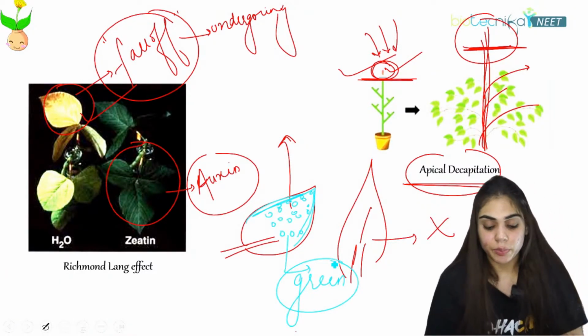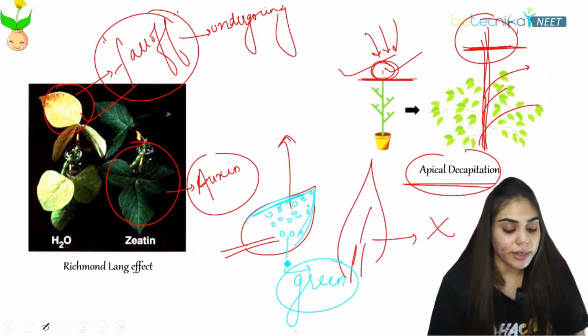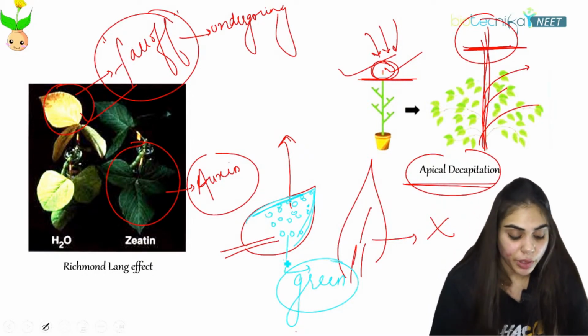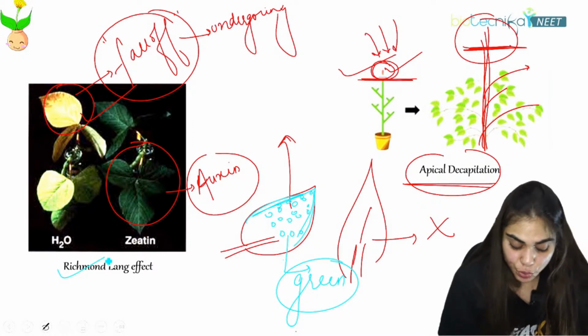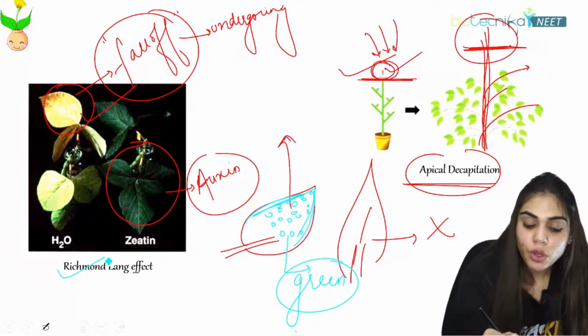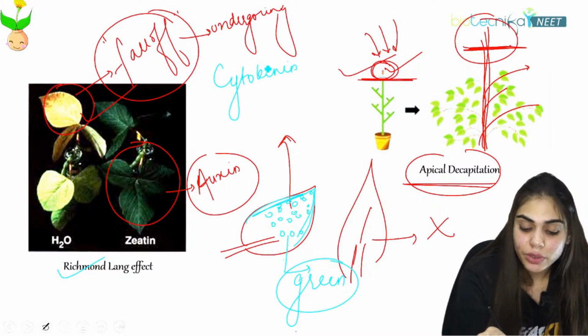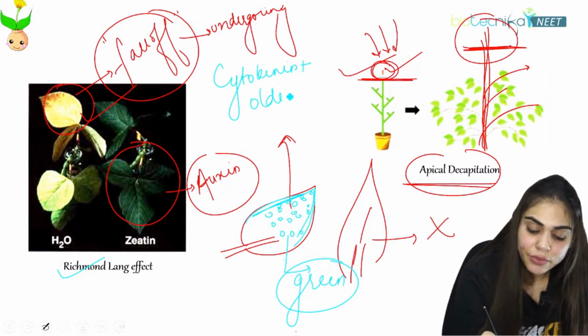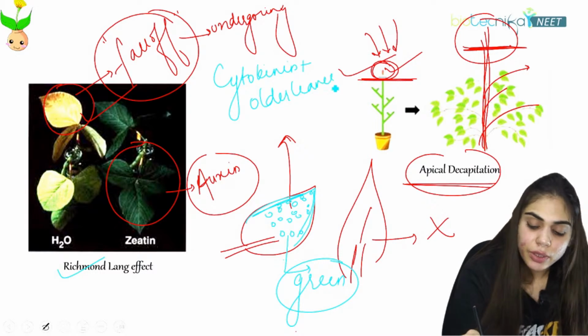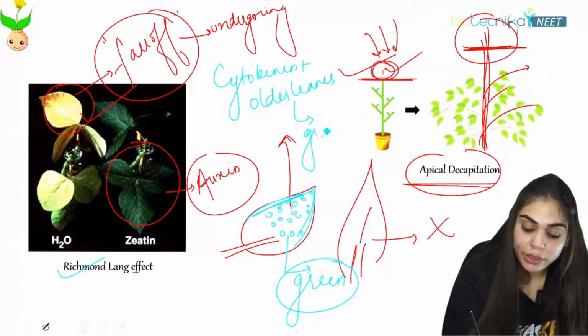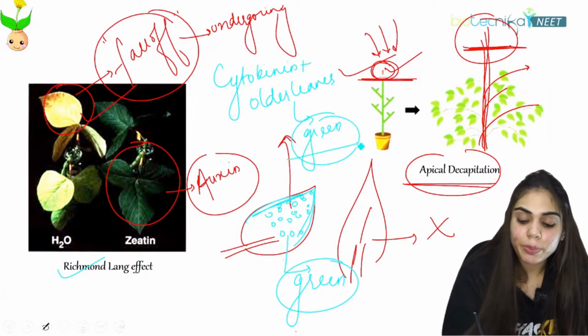This phenomenon is also called the Richmond-Lang effect, because it was first described by Richmond and Lang. What they described is that when we apply cytokinin to the yellow part of the leaf or to older leaves, it causes the leaves to become green. Now they will not be senescent.